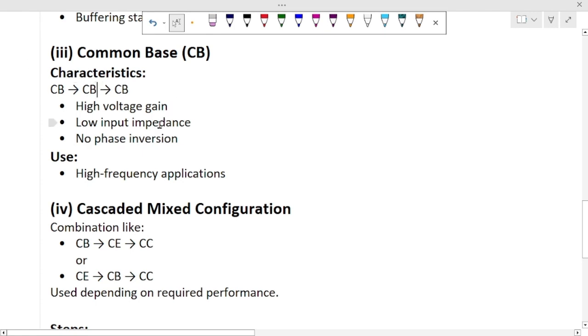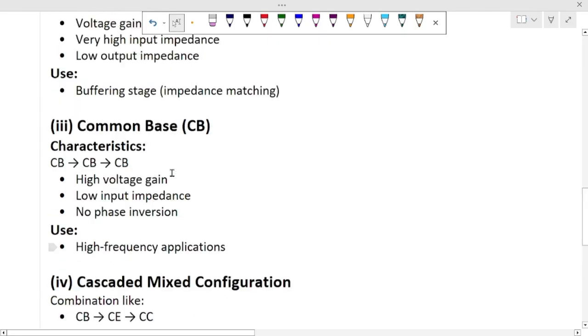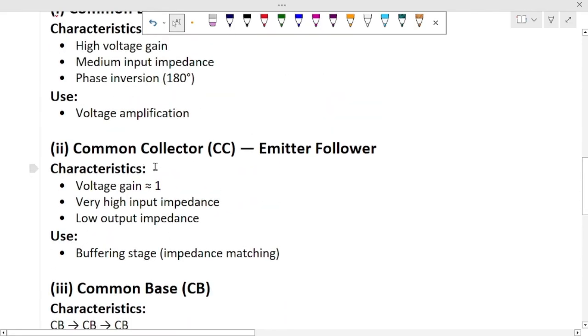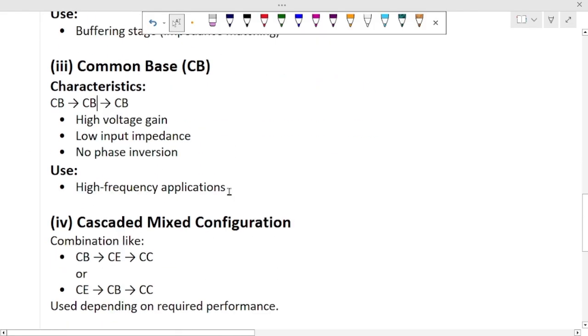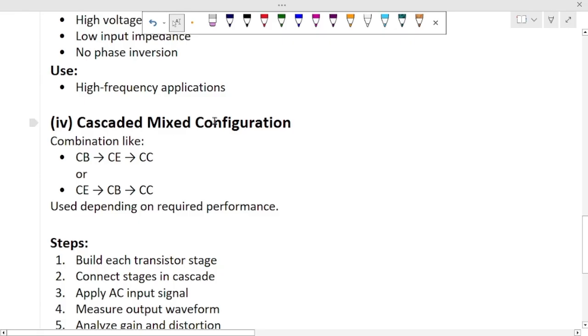Okay, and then for this other one to be common collector, common collector, and for this one it will be common emitter. While for this cascade mix, meaning one will be common base, other will be common emitter, other will be common collector, or common emitter, common base, common collector, or common collector, common emitter, or you understand, mixed. Okay, so this one is used depending on the required performance.